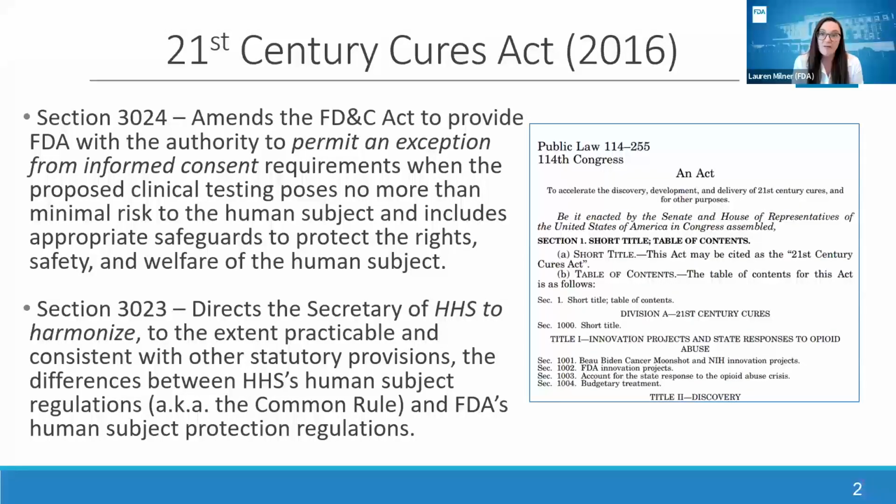But FDA and the Food, Drug, and Cosmetic Act, which is the law for FDA, didn't have a similar provision. Up until the Cures Act, FDA did allow for a waiver of informed consent or alteration under certain circumstances, but those are tied to emergency research and other types of research, but not minimal risk research.